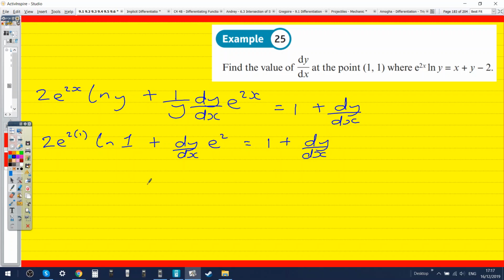And then you have to factorize out dy by dx and then solve the whole thing. So you would do 1 plus dy by dx minus dy by dx e squared, and you can just move the 1 as well.